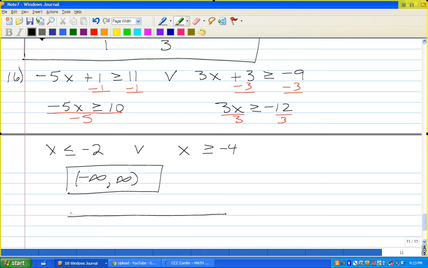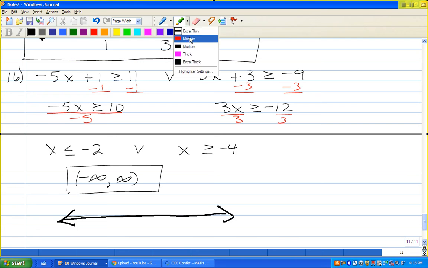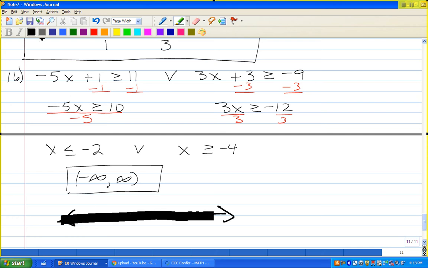So it includes everything on the real number line. And that is your answer.